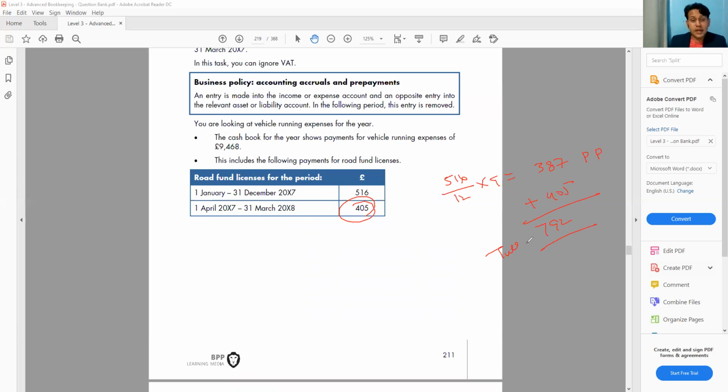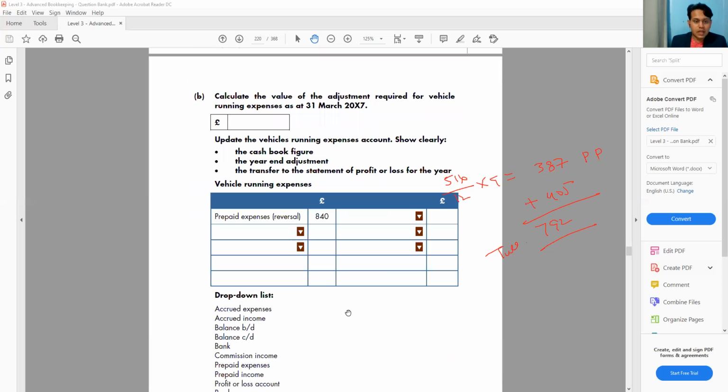And all of this we have to adjust, because this expense I cannot claim in this year, because this expense belongs to next year. So I'm going to write here 792.